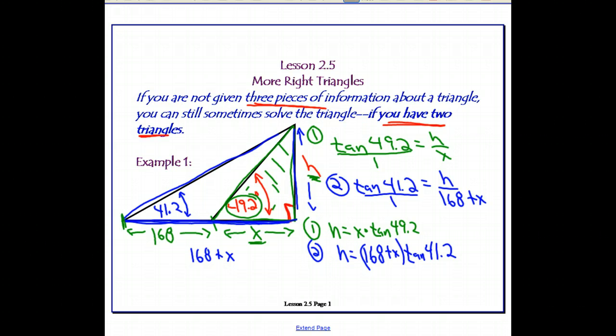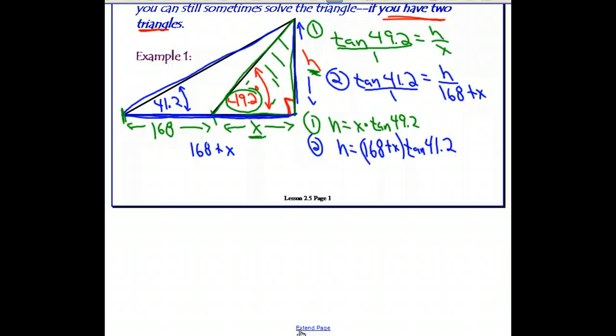Guys, first equation gave us H. Second equation gave us H. We can put these together because they both equal H. So X tangent of 49.2 must equal the second equation, because look, they both equal H. So it must equal 168 plus X times the tangent of 41.2.